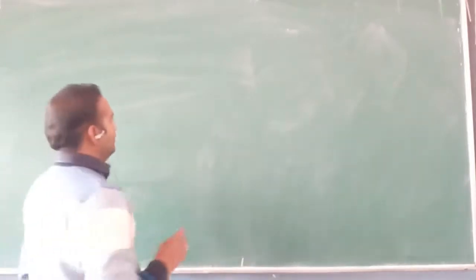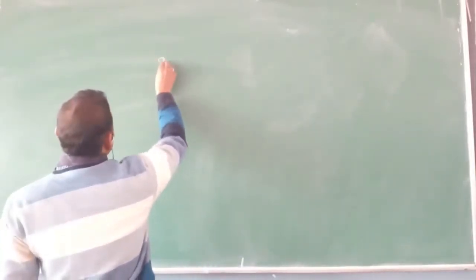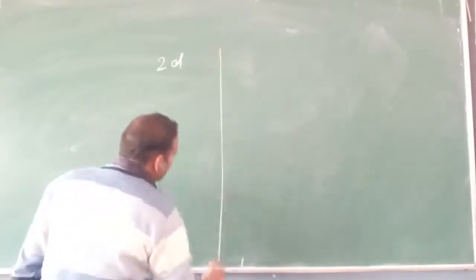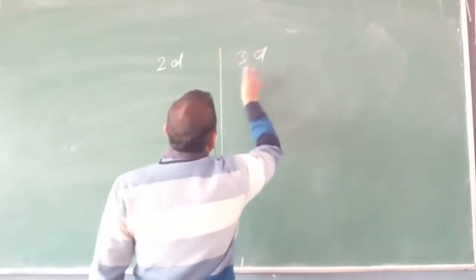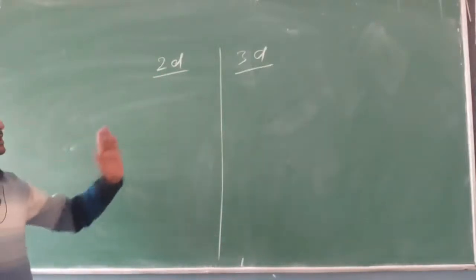Mensuration covers the formulas of some geometric figures, and the difference between 2D and 3D. One thing that I have to discuss is the difference between 2D and 3D. 2D means 2 dimension, 3D is 3 dimension.